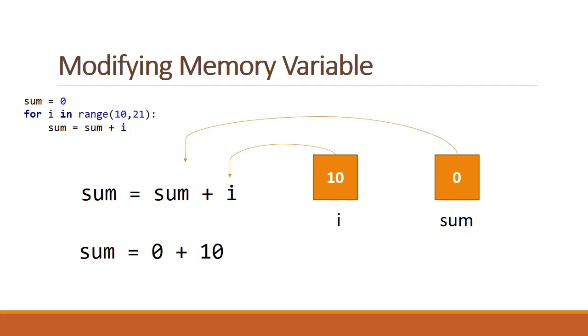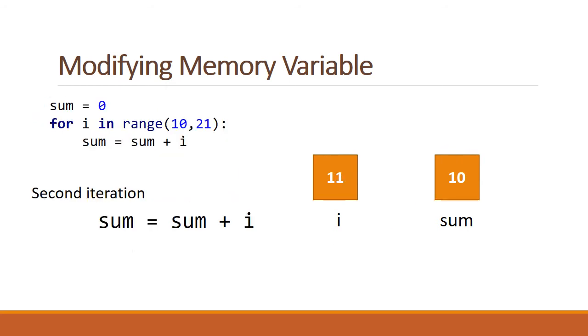So basically, in the first iteration, we're taking sum, which is 0, and i, which is 10. We're adding 10 plus 0, which is equal to 10. So we're taking 0 plus 10, which is 10, and we're assigning that to the memory location sum. So now sum contains the value 10.